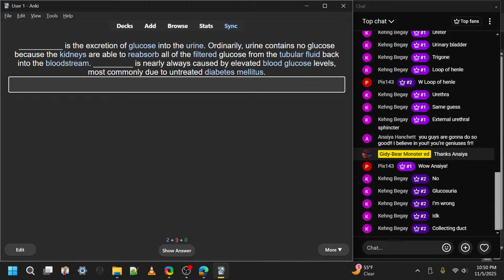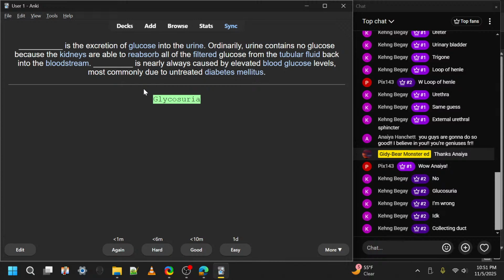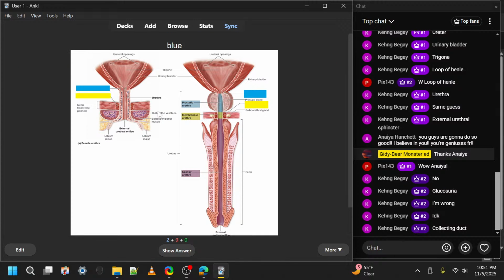Okay. This is the one that we're just on. So blank is the excretion of glucose. Perfect. So it's glycosuria. Glycosuria. Nice. Alright, blue.